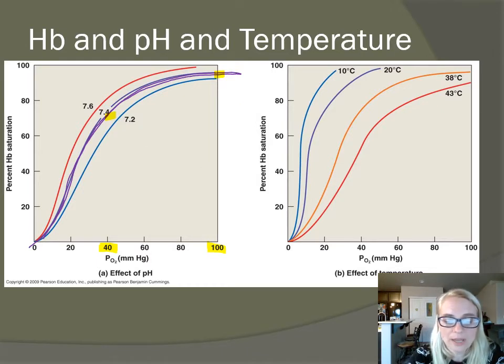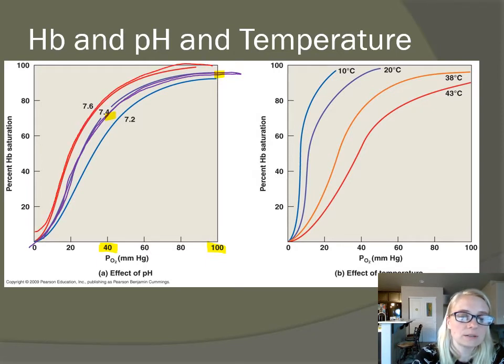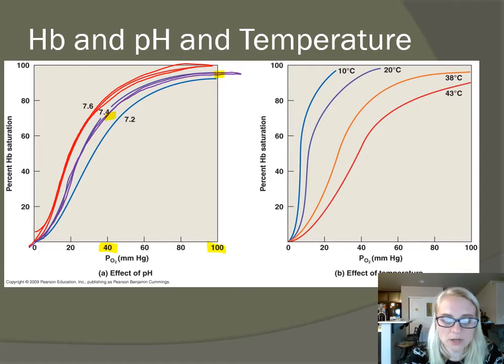When we take a look at the alkaline, that's this red line here, the alkaline 7.6, take a look at our spots here, keeping track of these two values. If we have an alkaline condition, this could be metabolic alkalosis or respiratory alkalosis.